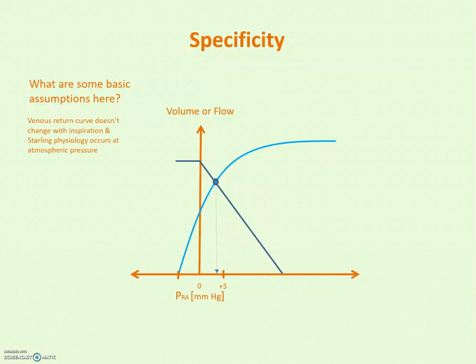So as we mentioned, there were some basic assumptions previously that we were running on, and that was that the venous return curve doesn't change, and that the Starling resistor physiology occurs at atmospheric pressure. But what if we added PEEP to a patient? What the application of PEEP does, or CPAP, is it increases the mean systemic filling pressure because it recruits venous blood into the stressed volume.